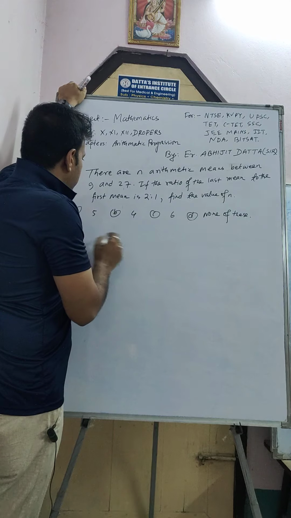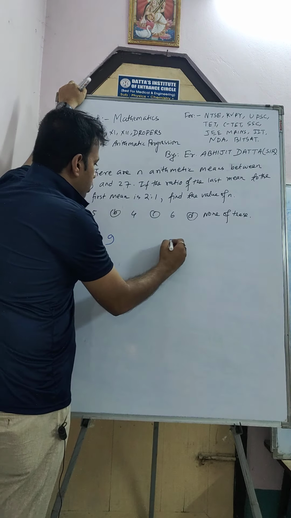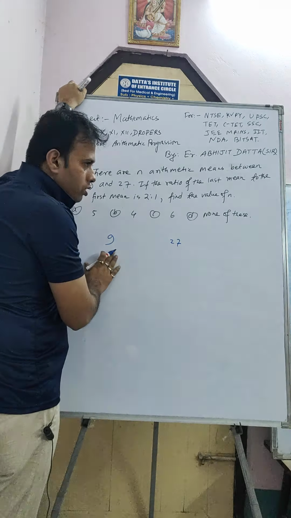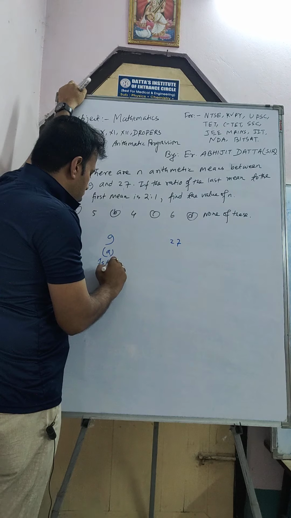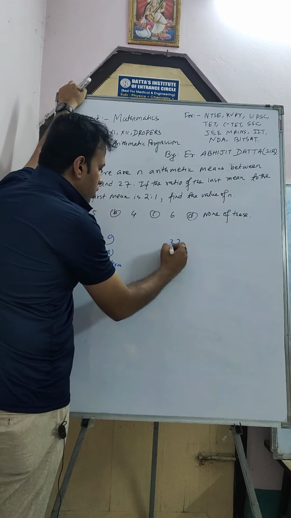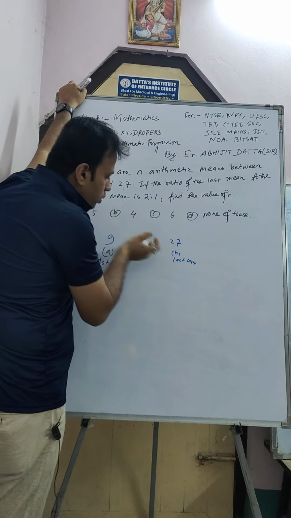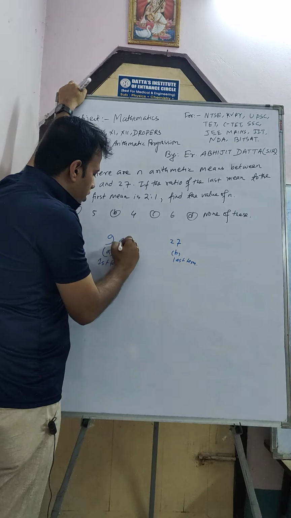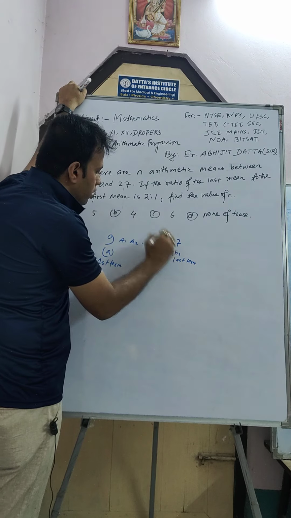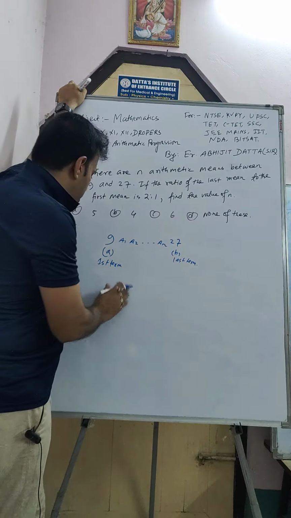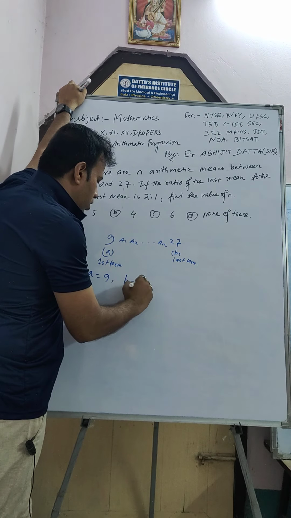So let's try. What is given? Suppose there are two numbers. This one is a, that is the first term, and this one is b, that is the last term. In between these two, we have to insert n arithmetic means. Here a is 9, b is 27.